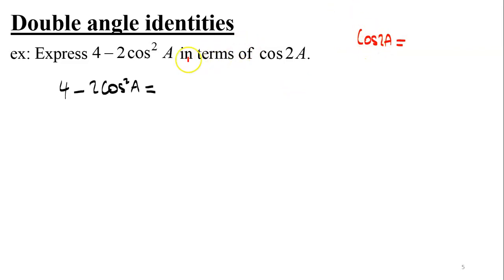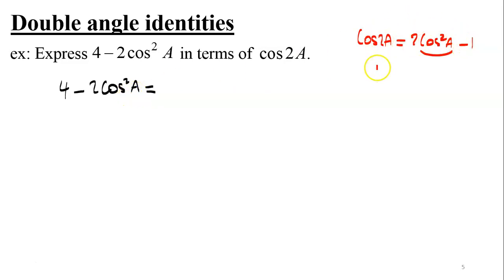Since I want 4 minus 2 cosine squared a to be written in terms of cosine 2a, I would go for the double angle identity of cosine that is in terms of cosine squared, which is 2 cosine squared a minus 1. Now all I have to do is solve for cosine squared a in terms of cosine 2a and replace in this given expression.